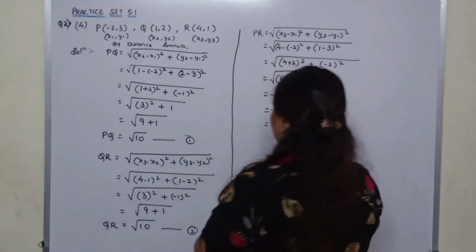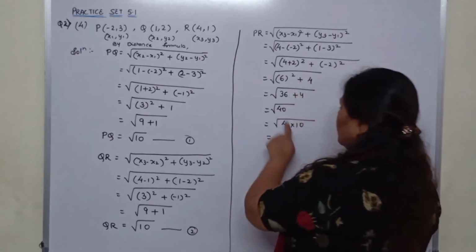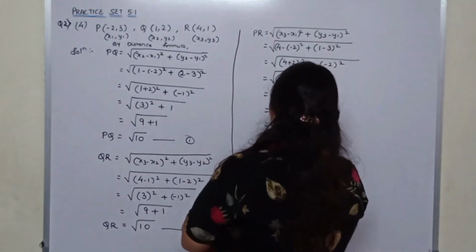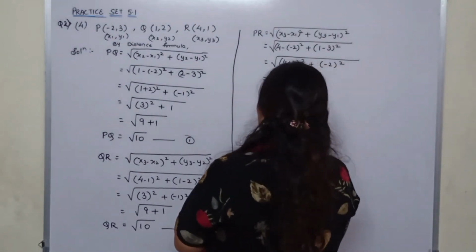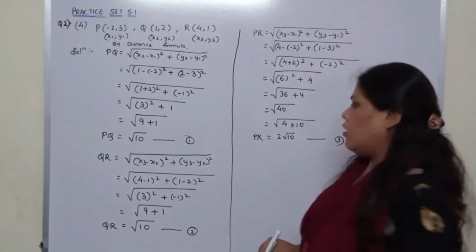Now this 40 we can take as 4 into 10. When this 4 moves out of the root, it becomes 2. So we get 2 root 10 as PR. That is our equation 3.